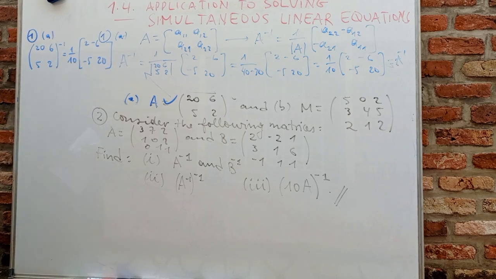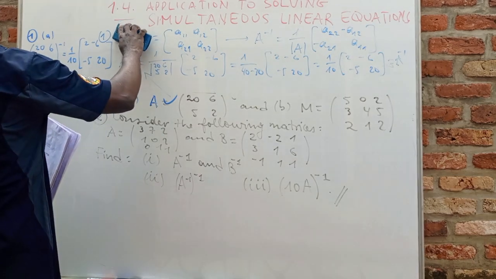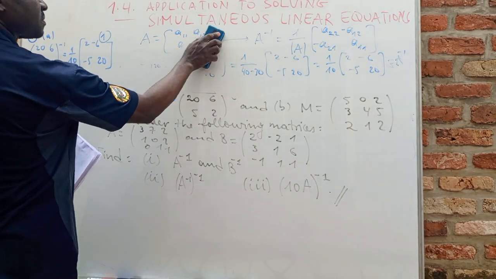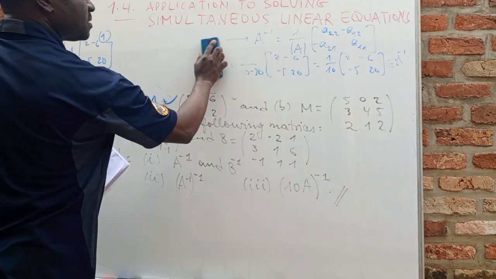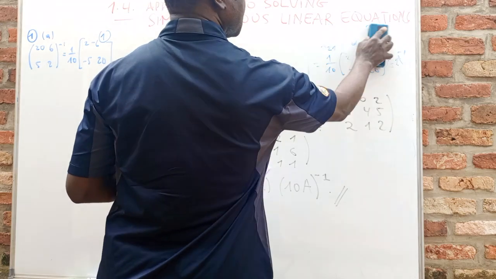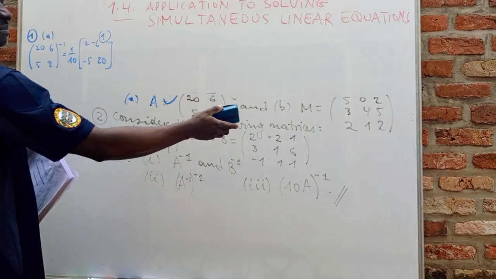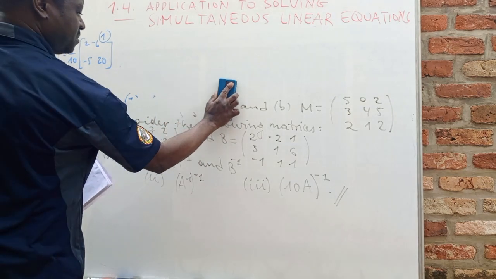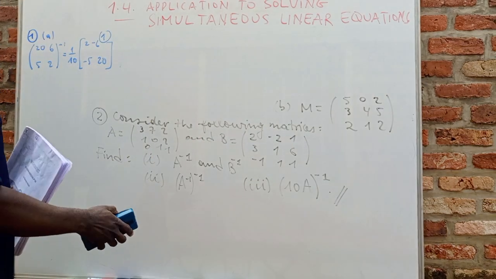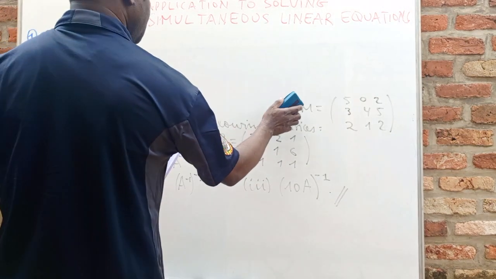Okay, so now we need to look at the second question, sub-question B, actually. This sub-question B may take a bit longer because it is a 3 by 3 matrix, depending on the method that we are going to use.